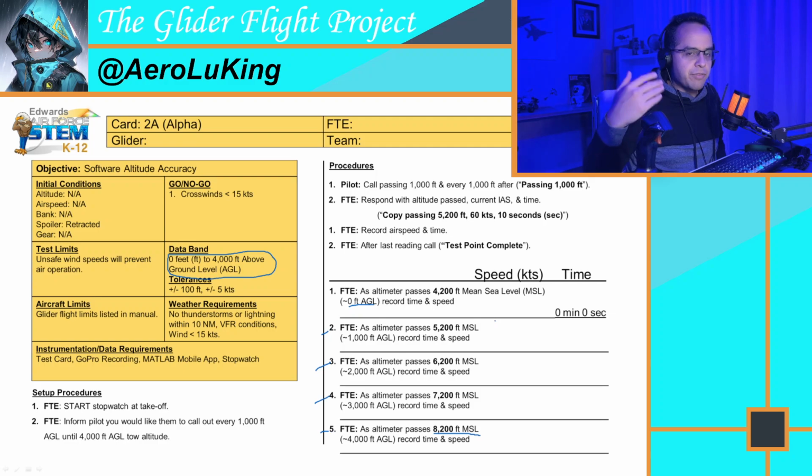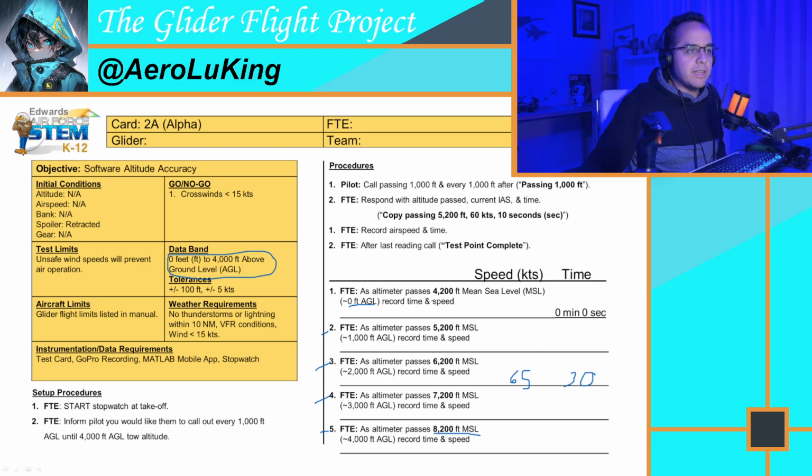And then after that, the pilot will probably say passing 1,000 again, and I'll say copy, passing 2,000 feet above the ground level, 65 knots, and it's been, let's say, 30 seconds, and so on.